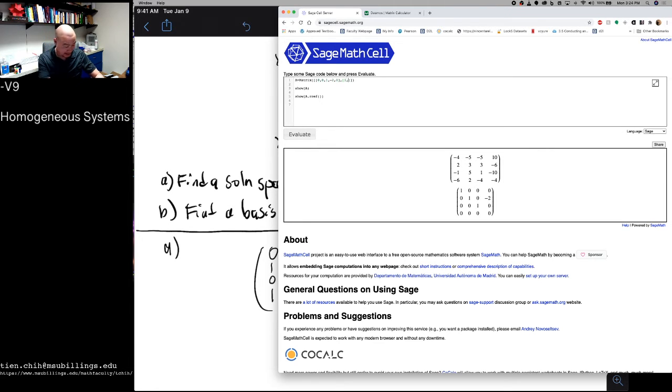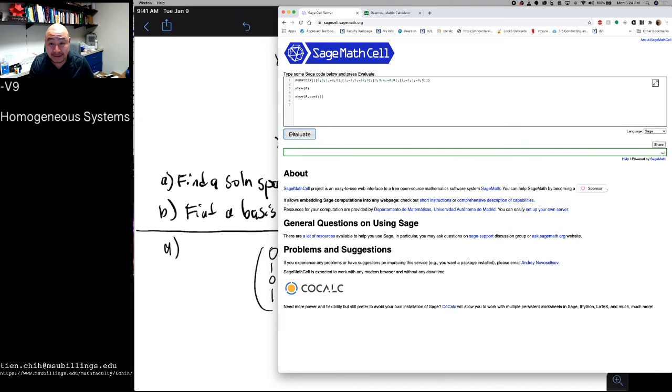First row, second row, third row, comma 0, and our last row is going to be 1, minus 3, 3, minus 8, 0. I want to evaluate that.